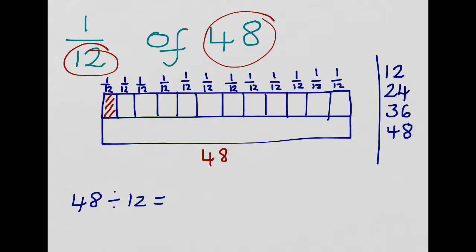So 48 divided by 12 is 4. And that's what 1/12 of 48 is. 1/12 of 48 is 4, because it's the same as 48 divided by 12. Again, rewind that video, watch it again, make sure you understand it fully before we move on.